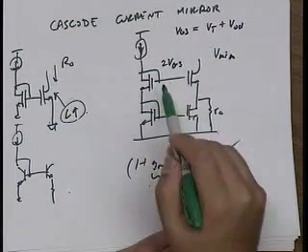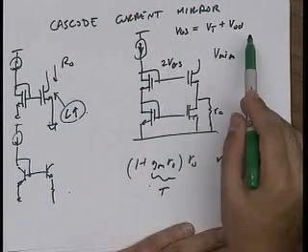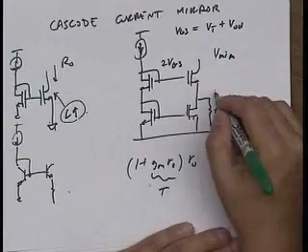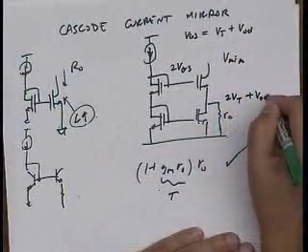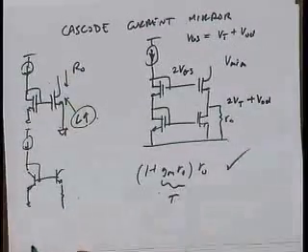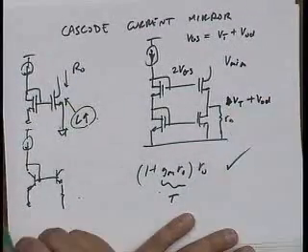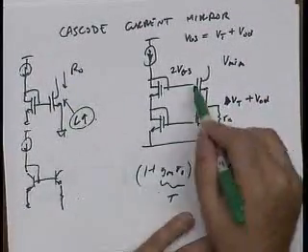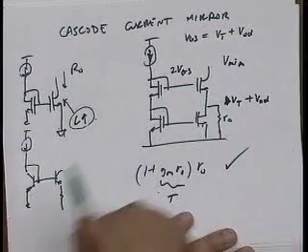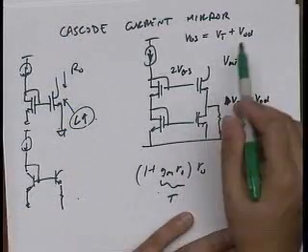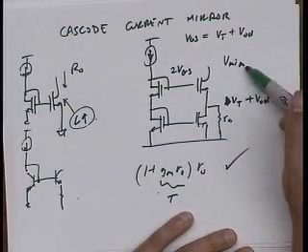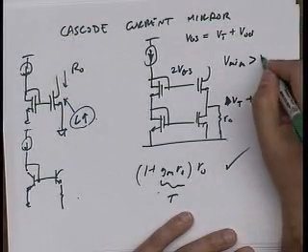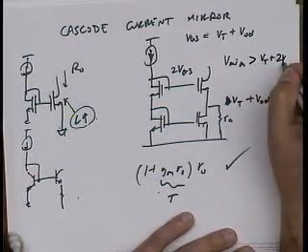So this is 2 VGS plus 2 V overdrive. What's this point? This is actually VT plus V overdrive if I subtract out a VGS here. So this point is held at 1 VGS, which is VT plus V overdrive, and that means the best I can do is VT plus 2 V overdrive.